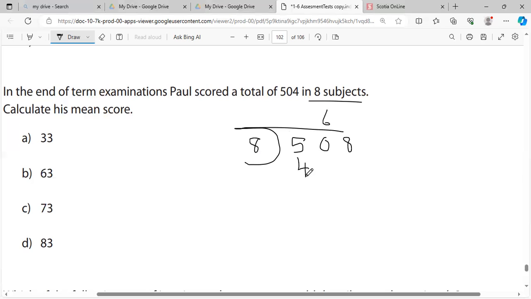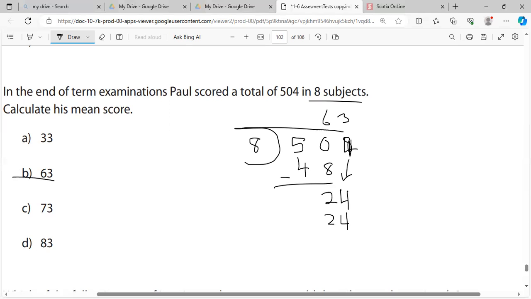I'm now going to subtract. This leaves 2. And then this, oh, this was supposed to be 4. Sorry. And of course, 8 threes are 24. So the answer goes 63 times.